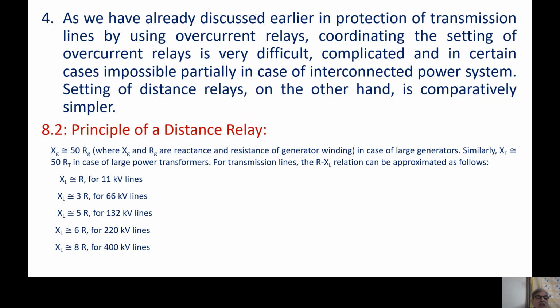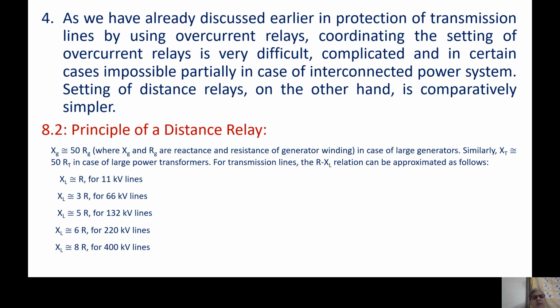If you take XL by R as 8 and do tan inverse of XL by R, then that theta, phi, the angle between current and voltage would be, I think, some 87, 88 degree or 91, 92 degree, right? So, when fault occurs, the angle between voltage and current is quite large.